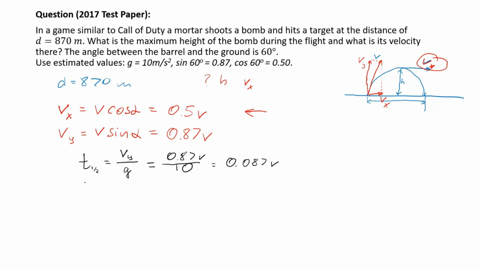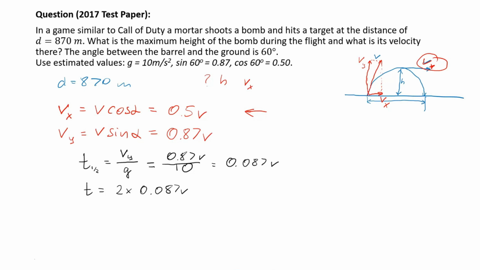Now the entire time of the flight is twice this value. Don't forget that this is V. We don't know the value in seconds. We can only see, at this stage, the relation between the initial velocity of the cannon, working in the diagonal direction, and the total time.